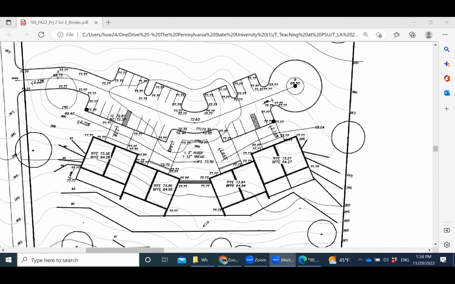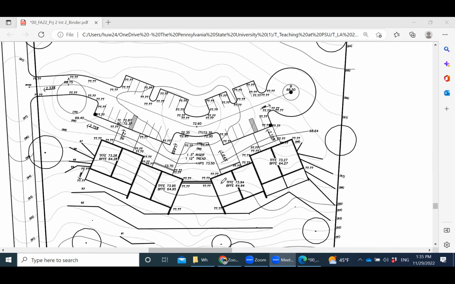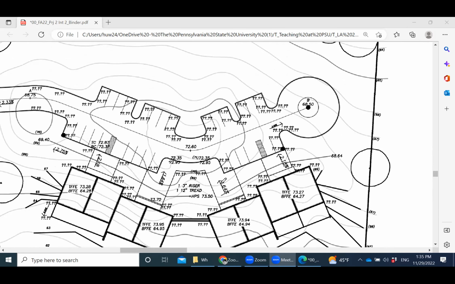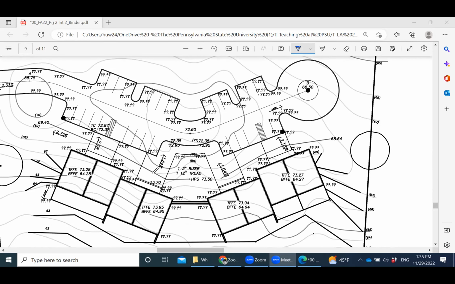Is that correct, Jill? No, I have steps in 2 of the units. Give me a second, my PDF is not operating. Okay, good. I have steps in the 2 closest units, like the 2 most inward units. The ones on the outside are ramps.